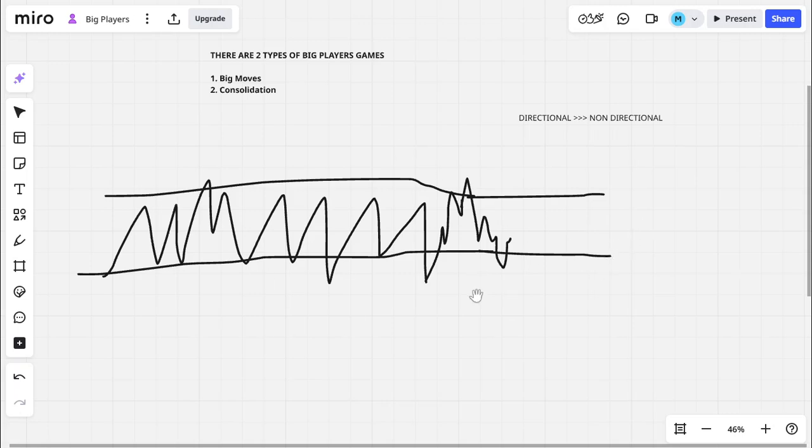So after this consolidation, what happens is, retailers are trapped during so many liquidity hunts. Retailers are trapped. Now what would they do? The breakdown traders will enter over here, thinking it is the breakdown of the consolidation. This is not going to be a normal breakdown.